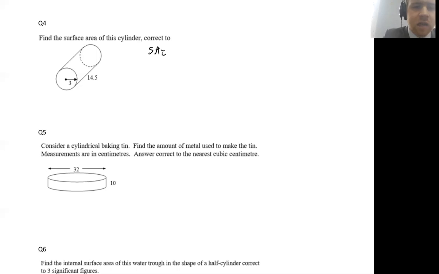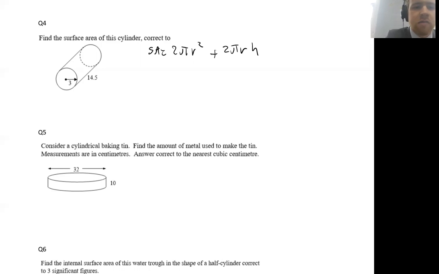Surface area of a cylinder is going to be, now the area of a circle is pi r squared, but we've got two circles, so it's going to be 2 pi r squared plus, and then we have this rounded rectangle that's been scrolled around the cylinder. So its width is going to be the perimeter of this circle here. Okay, the perimeter is 2 pi r, and then it's going to be times the length, which is the height of the cylinder. Okay, so that's where we get the formula of the surface area of the cylinder from.